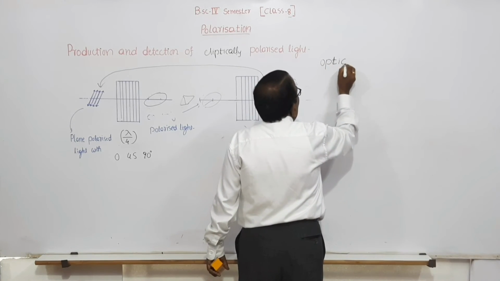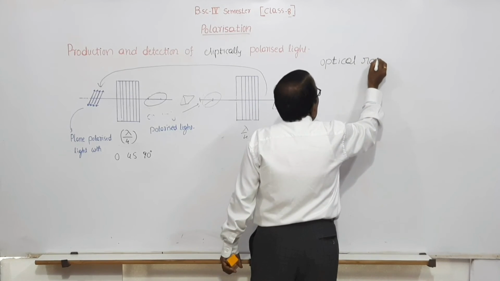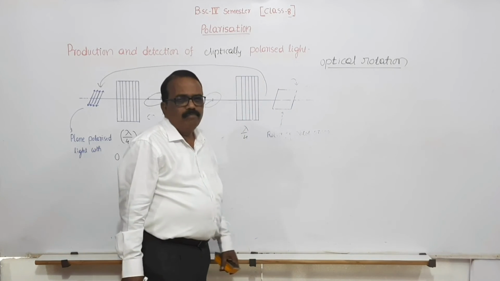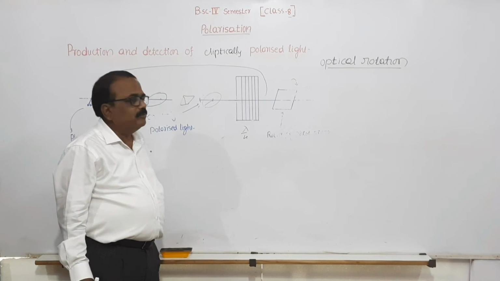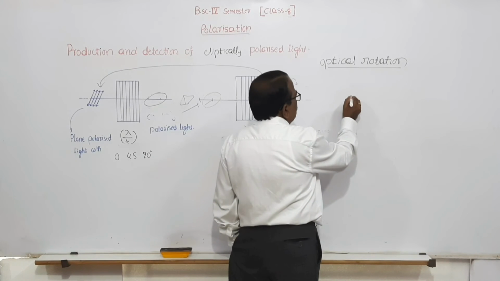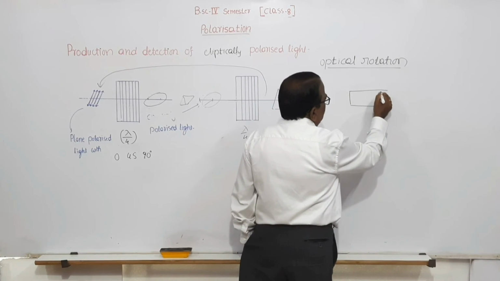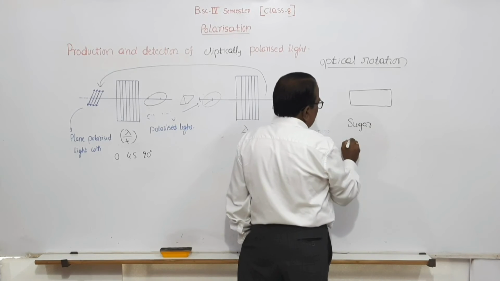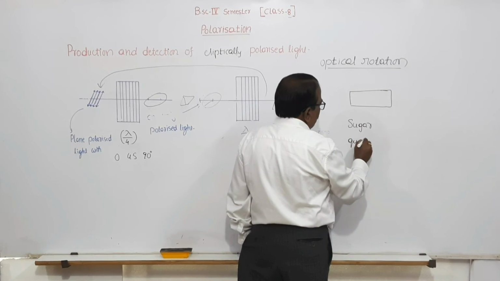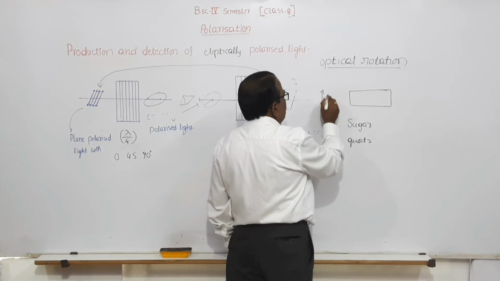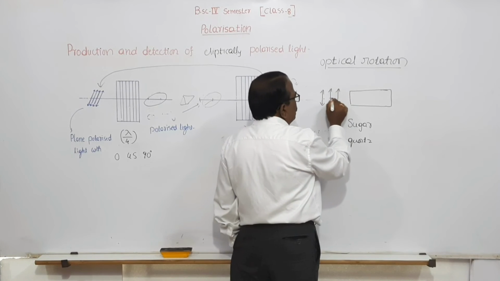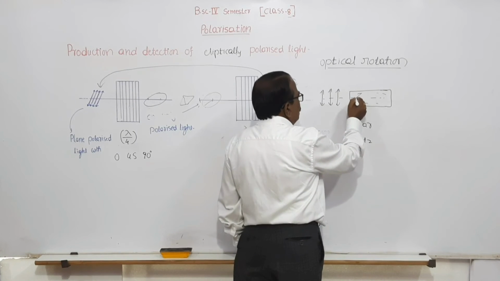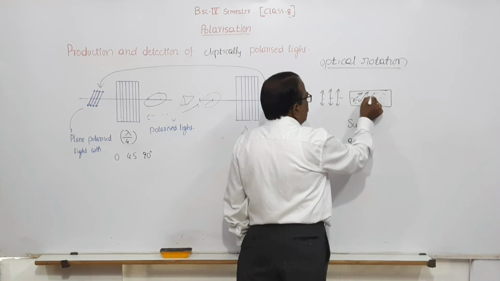Now you should know what is optical rotation. If plane polarized light is allowed to pass through certain materials or substances like sugar solution or quartz, assume that this is the sugar solution, after passing through this sugar solution the plane of polarization rotates.